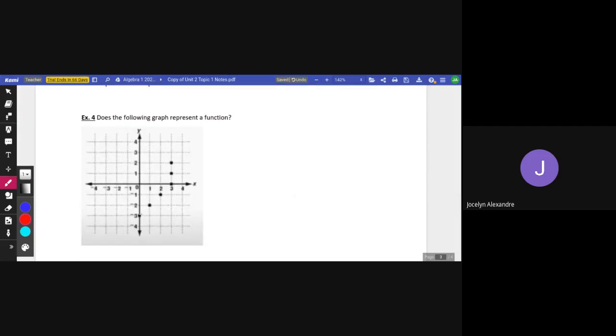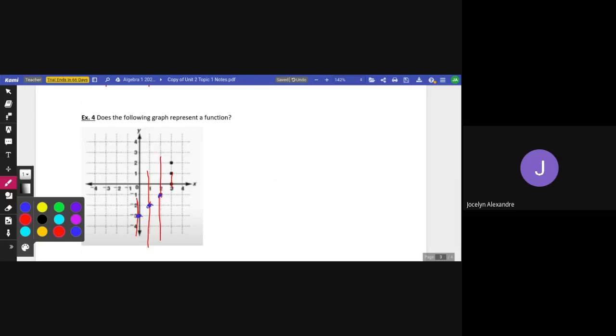So this one's a little different because this is a scatter plot, so we have individual dots. So we can actually draw a line through each of these dots and see if it only intersects once. So yes, this vertical line only has one dot on it. I'm going to draw a vertical line at my next dot. This only has one dot on it right there. Next one, right here. And that only has one dot on it, but look at what happens here.